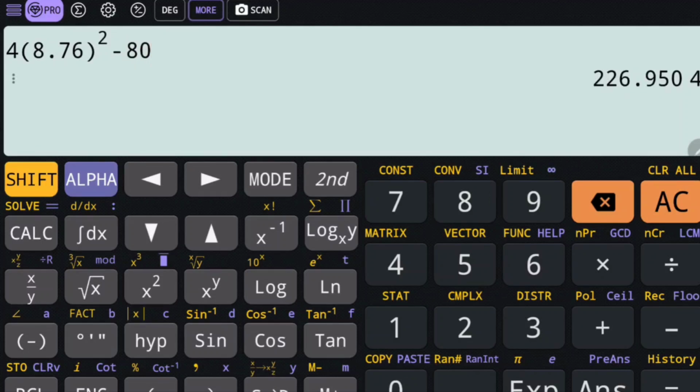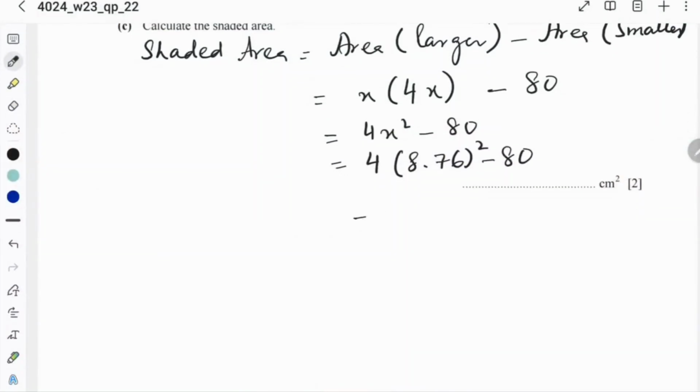So you are getting 226.95, which is approximately 227. So write down 227 square centimeters.